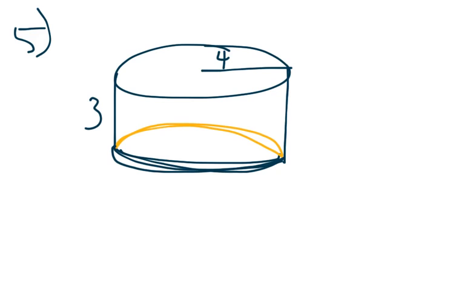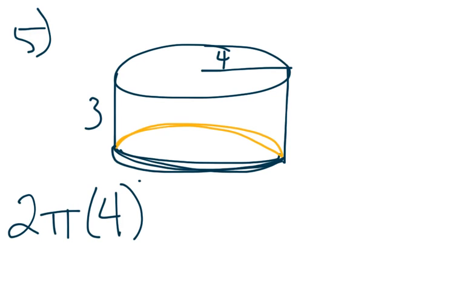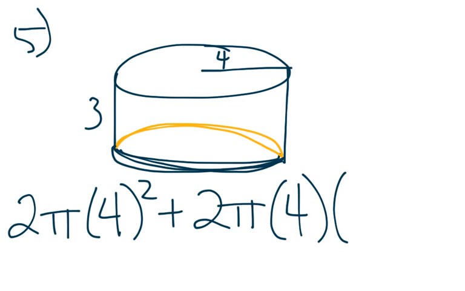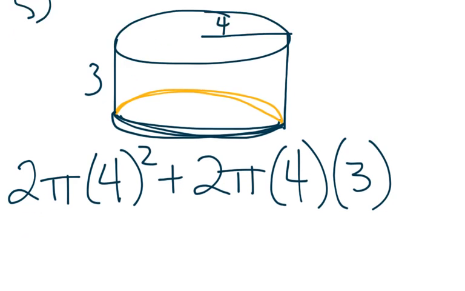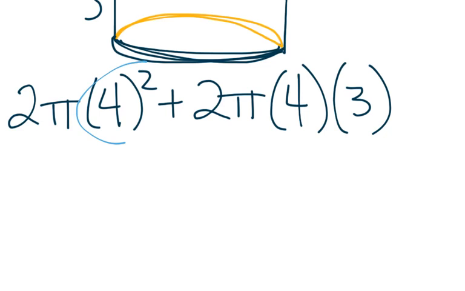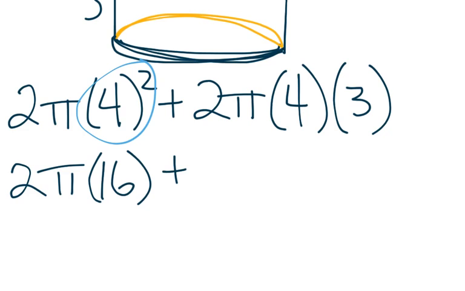Okay, so for number 5, our radius is 4, so we're going to say 2 pi 4 squared plus 2 pi times 4 times the height, which is 3. Now let's simplify. 4 squared is 16, so we have 2 times pi times 16 plus 2 pi, and 4 times 3 is 12.